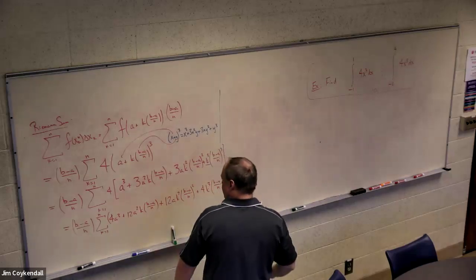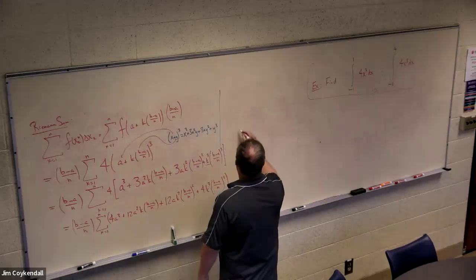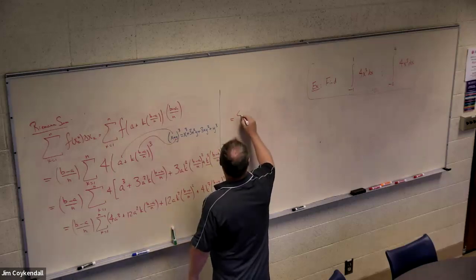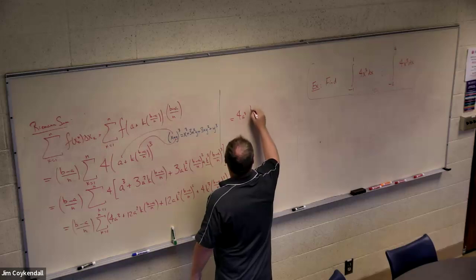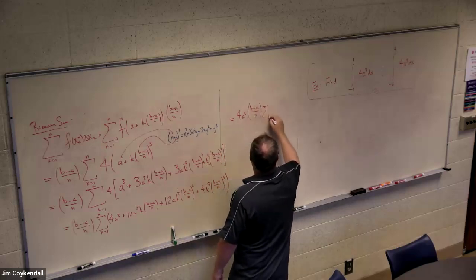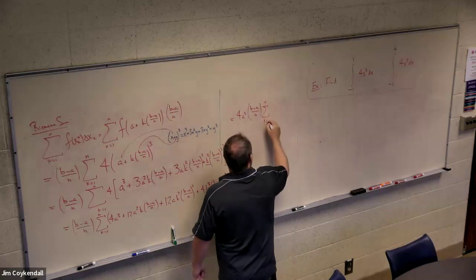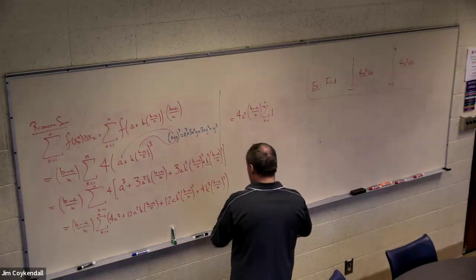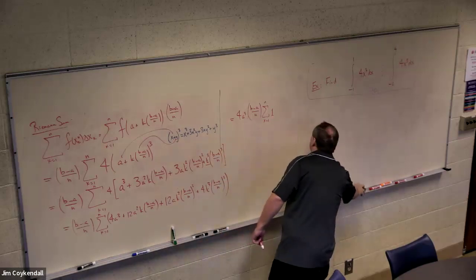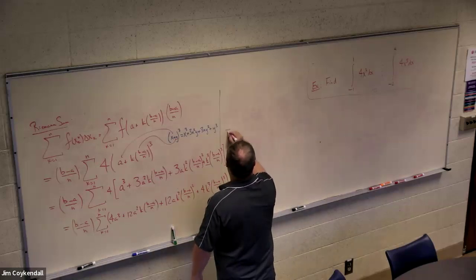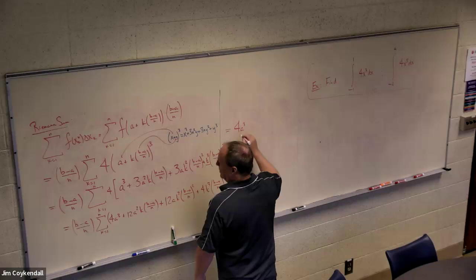So I'm gonna write this out as 4 sums. This is going to be 4a cubed times (b minus a over n) times the sum of a 1 minus a.